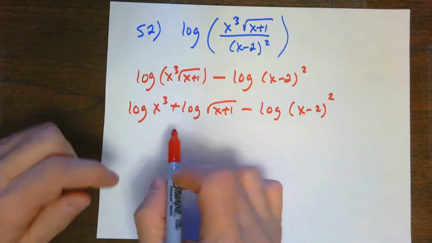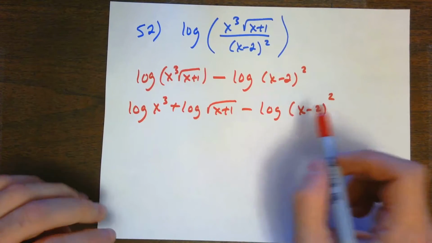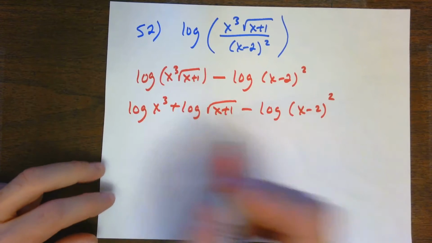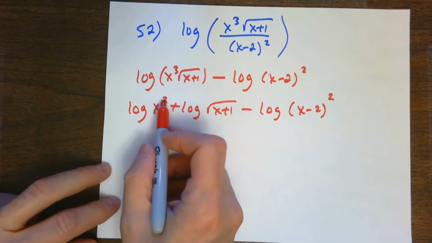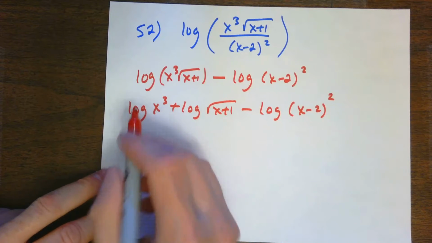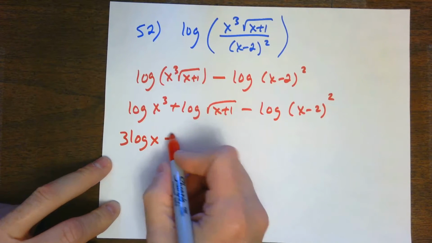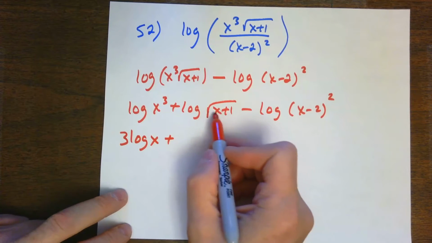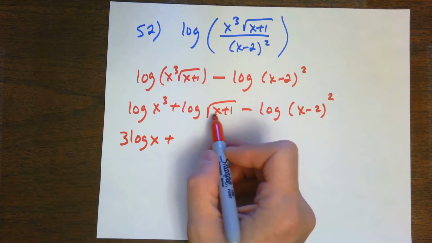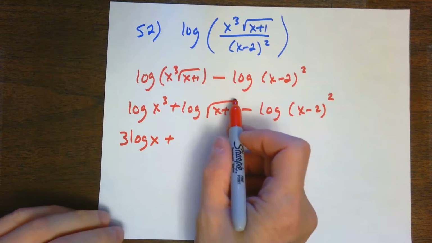Now there's no more products or quotients that I can break up, but I've got power rules. Log of x cubed, the 3 is the exponent. I can bring the 3 in front, and I get 3 times the log of x plus, remember the trick here, the square root of x plus 1 is really x plus 1 to the 1/2 power.